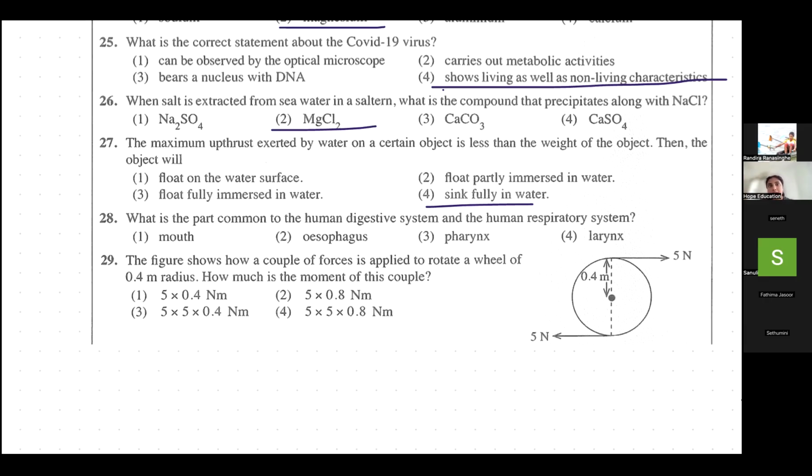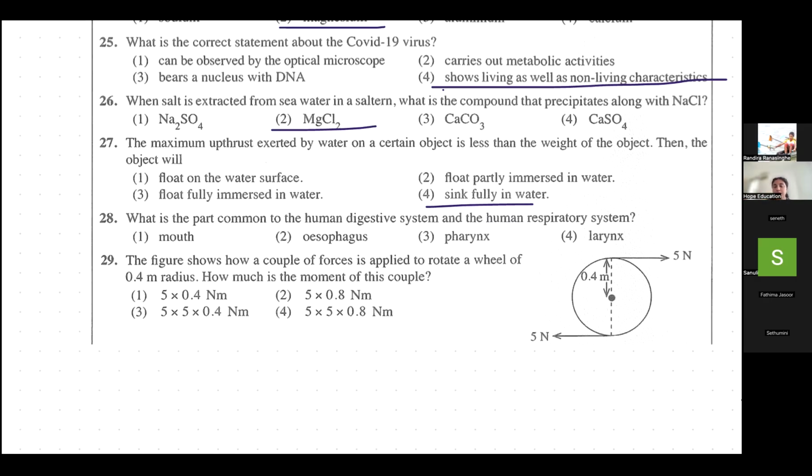Excretory system also they do ask, but for the respiratory system there have been only one or two questions. So go through the respiratory system a bit and also study the excretory system a bit, especially the nephron structures.